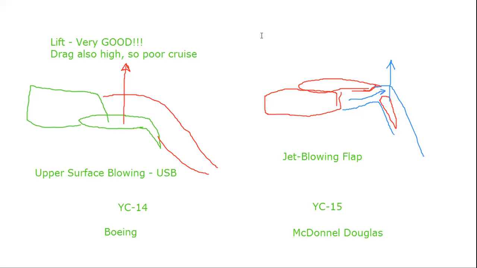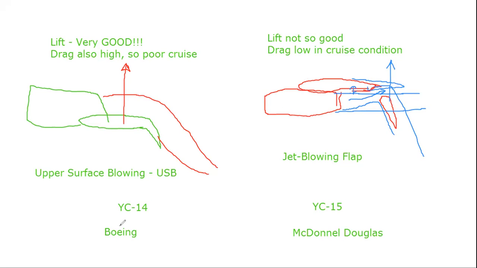In this one, lift is not so good, yeah, but when you flap up and you have some clearance between the engine jet and the wing lower surface, this jet doesn't influence drag, and you have better fuel efficiency in cruise condition.